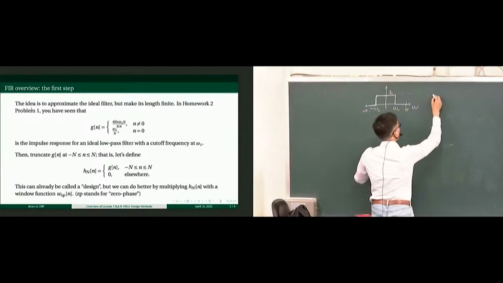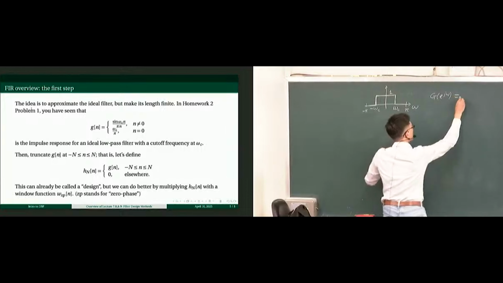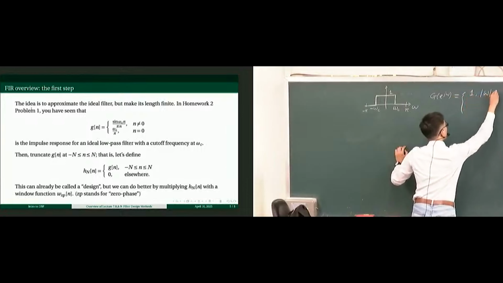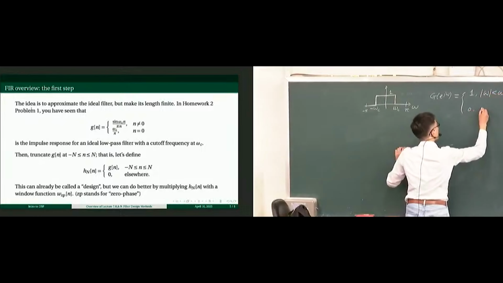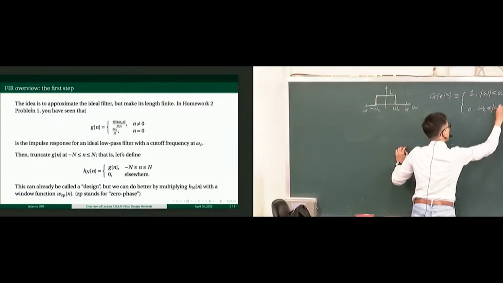So in that homework, we have G(e^{jω}) defined as 1 when ω is smaller than ω cutoff, and 0 elsewhere, that is, ω cutoff smaller than ω smaller than pi.